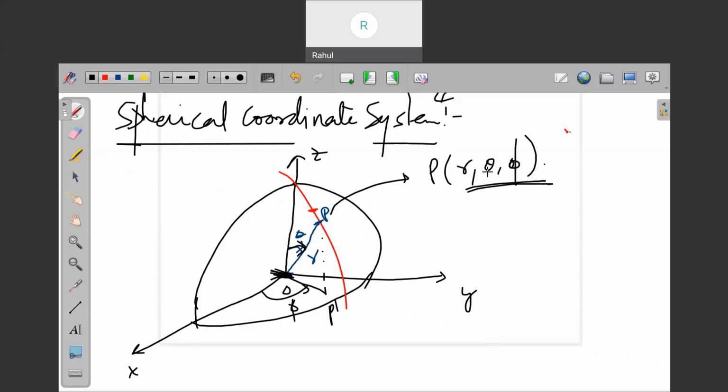R theta phi or r phi theta, whatever you want to call it.